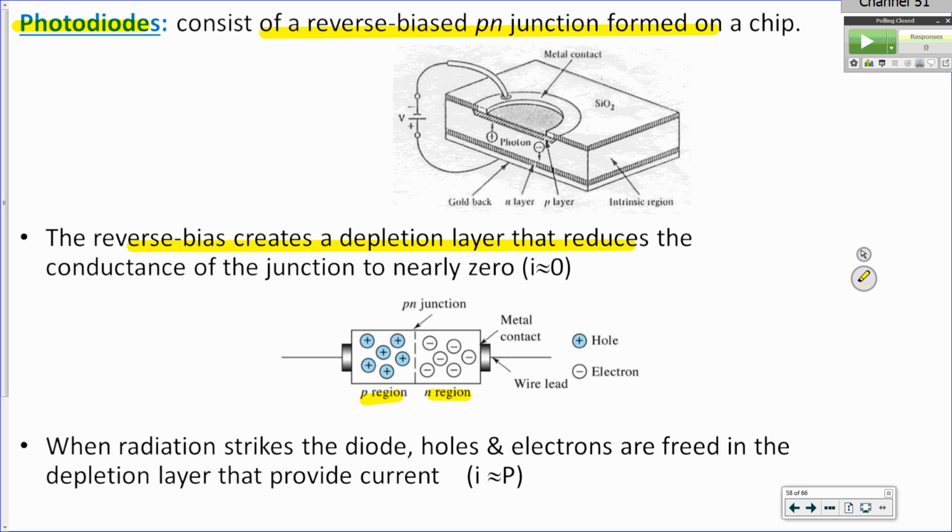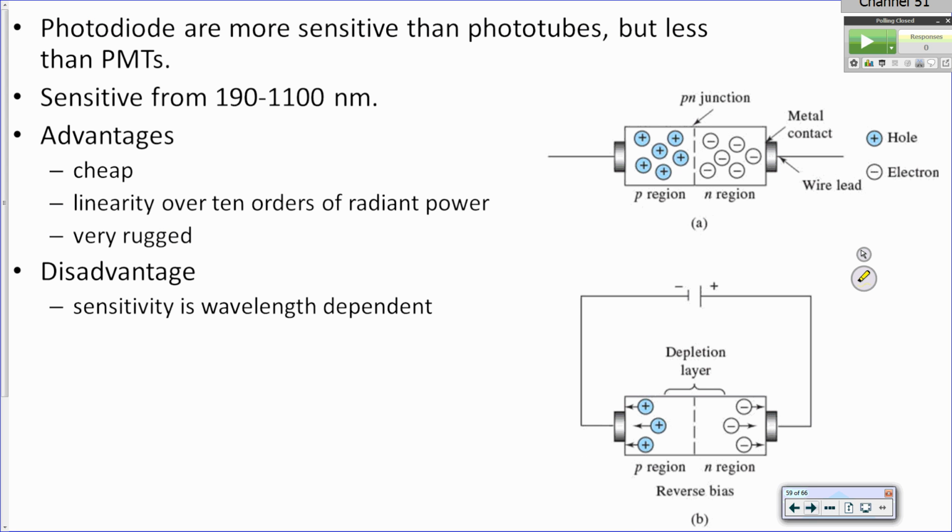if you change it around, let's see if I've got a picture of that. I do. So in reverse bias mode, the negative terminal is hooked to the P region, and the positive terminal is hooked to the N region, and the charges all run to the opposite side. That leaves this layer in the middle called the depletion layer where current can't conduct.